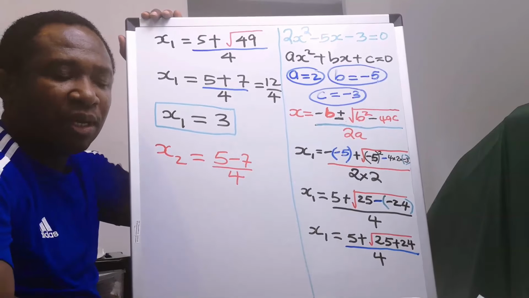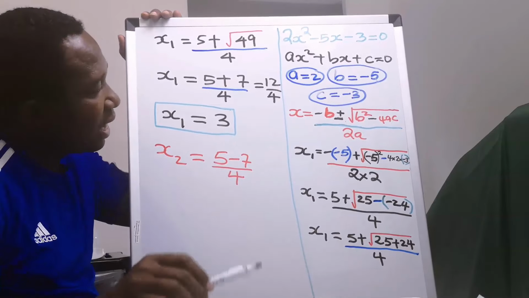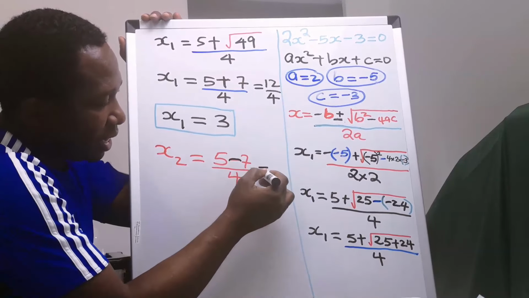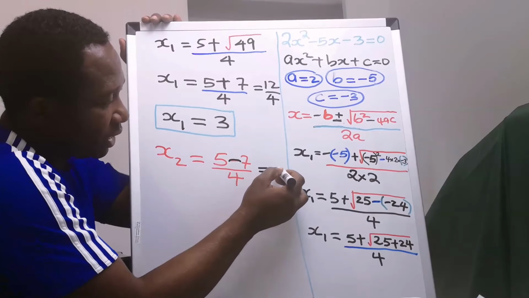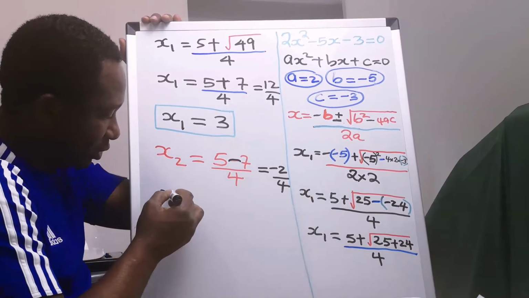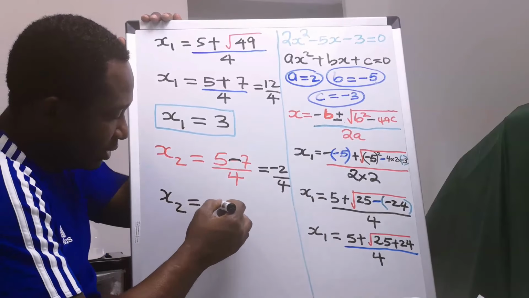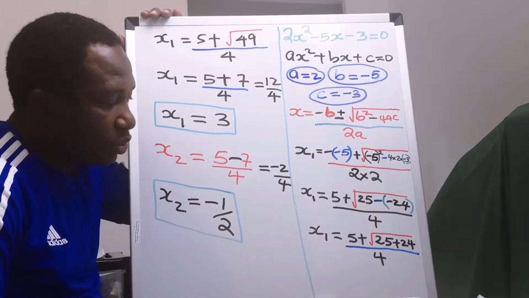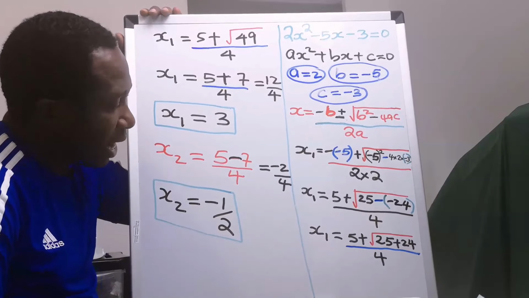Everything will be the same, except that this will just change sign to become a minus. And here 5 minus 7 is minus 2 divided by 4 at the denominator. Our x2 is minus 1 over 2. Now we have found the two roots, x1 and x2.